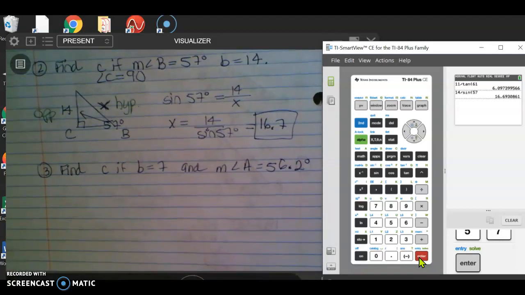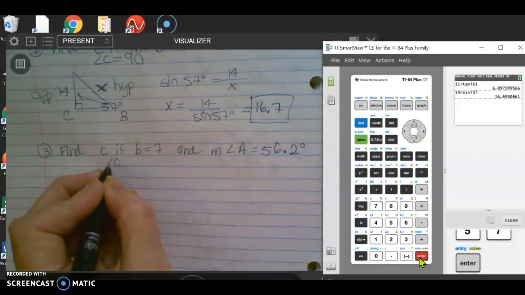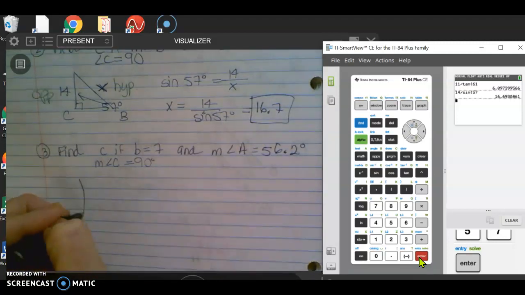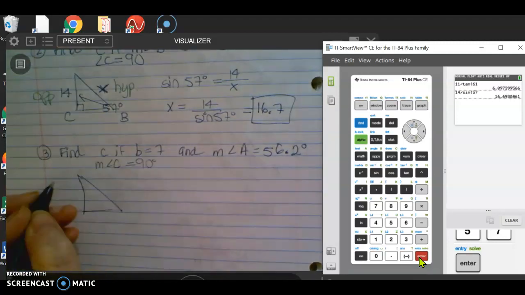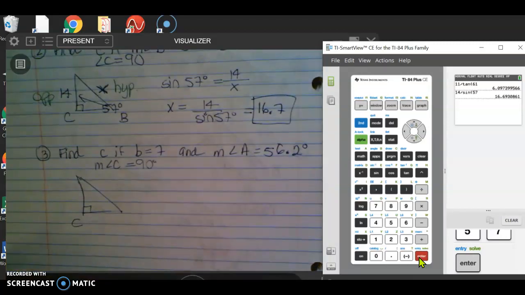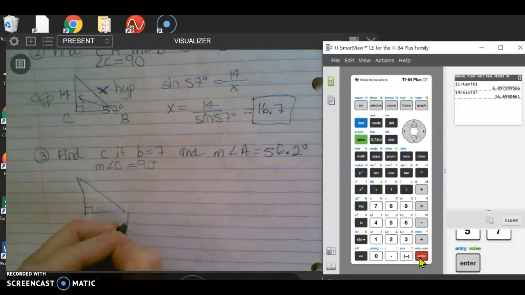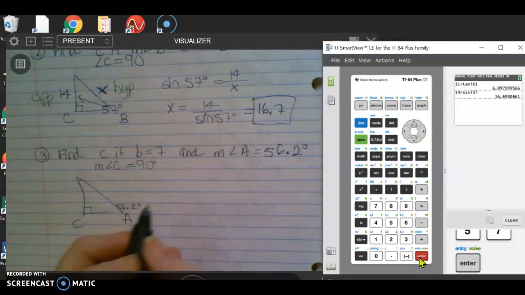And then finally, remember we still have angle C is 90 degrees. So my very rough triangle that I just keep drawing, right? C is 90 degrees. So let's make this A, why don't we say, and that's 56.2 degrees.